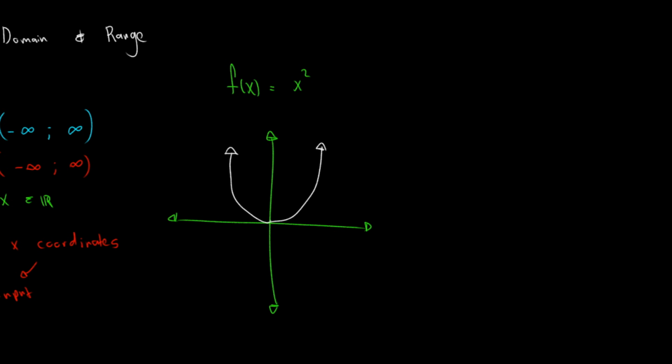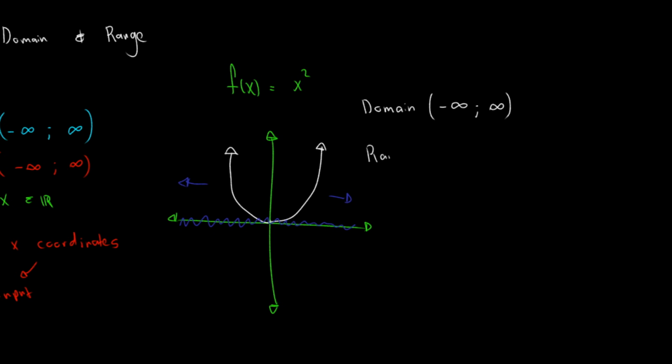If I ask you how far this function can go left and right, you would tell me the exact same thing. It can go an infinite amount to the left and an infinite amount to the right. So my domain can go all the way from negative infinity to positive infinity.